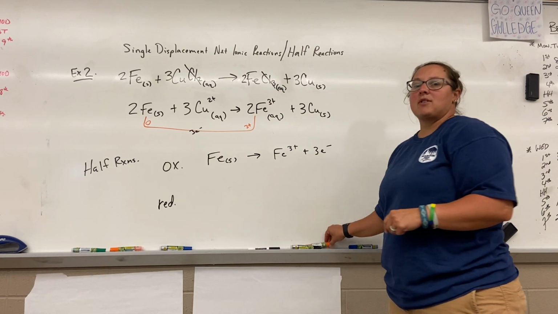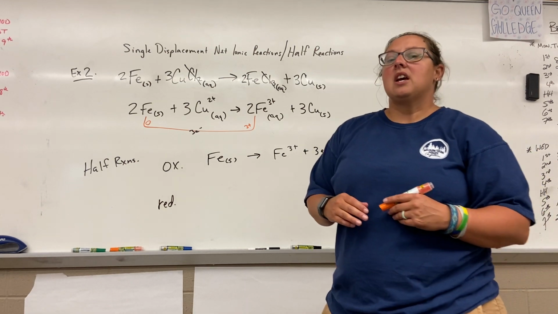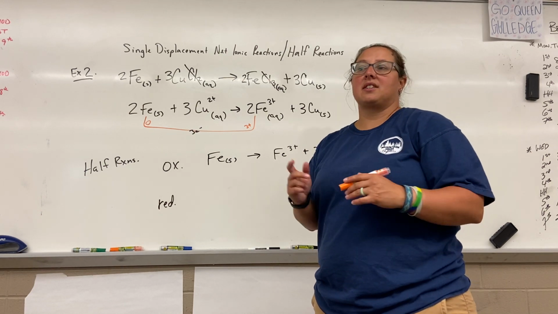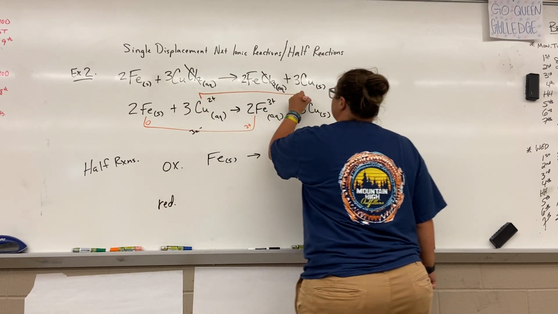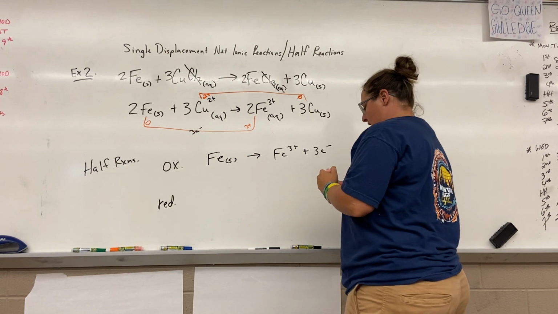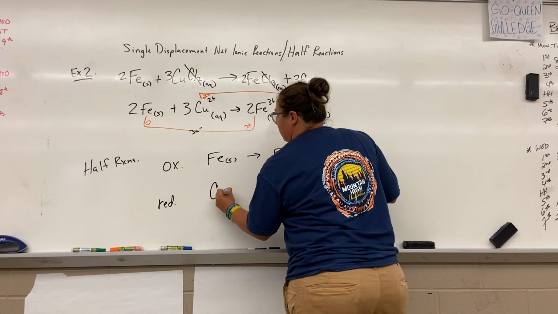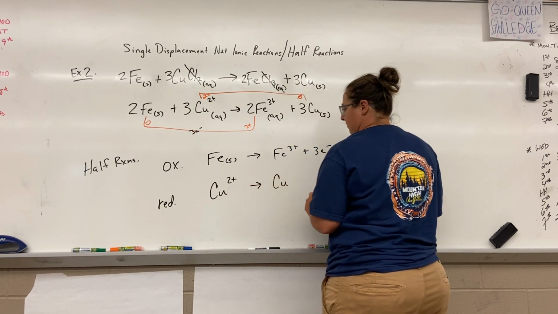Now I have to write my reduced half reaction. So remember, reduction is gaining electrons. So what happens to the oxidation state? If I'm gaining electrons, my oxidation state is getting more negative. So that is what this copper is doing, because it's going from a 2+ to a 0 charge. Now let's write that down. Cu 2+ yields Cu.